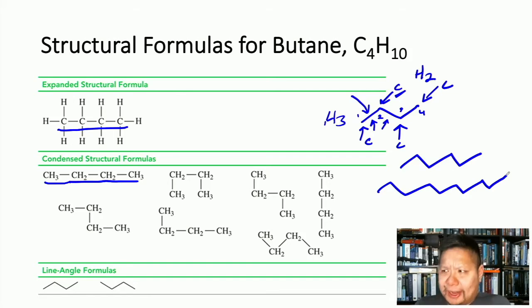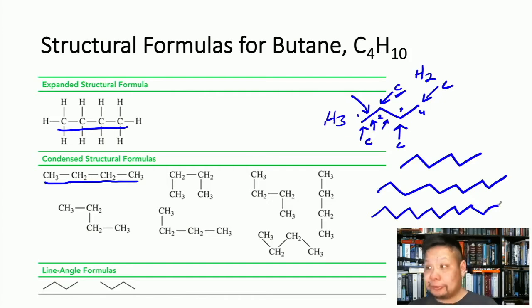I think palmitic acid has like 16 carbons in it. That's a lot. I'll have to check that. I think it's 16, but I could be wrong. Oh, you know what? I have my phone right here. Let's check.